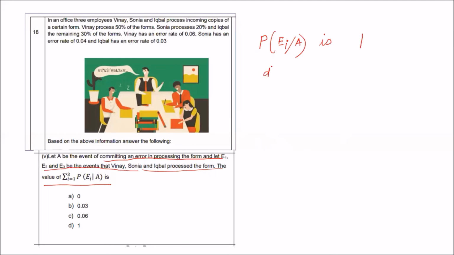So D is equal to 1. That means we find out each one's committing error individually and take the sum, E1 by A, E2 by A, E3 by A.